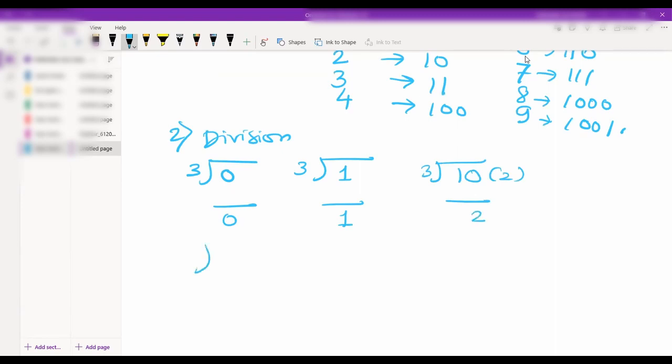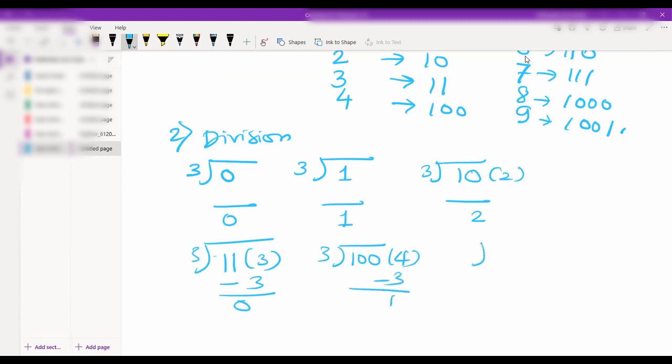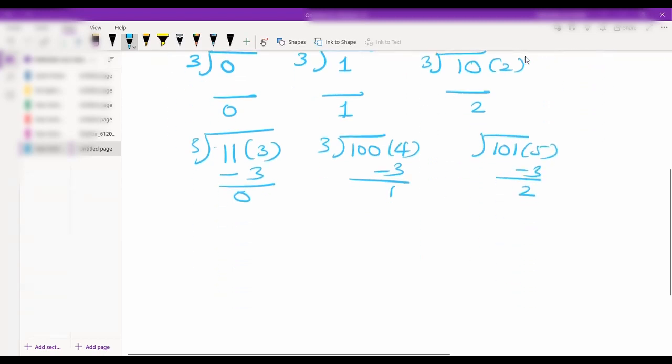Now if you divide binary number 3 by 3, your remainder will be 0. If you divide number 4, that is 100, by 3, the remainder will be 1. If you divide number 5, that is 101, by 3, your answer will be 2. Now if you divide number 6, the remainder will be 0.